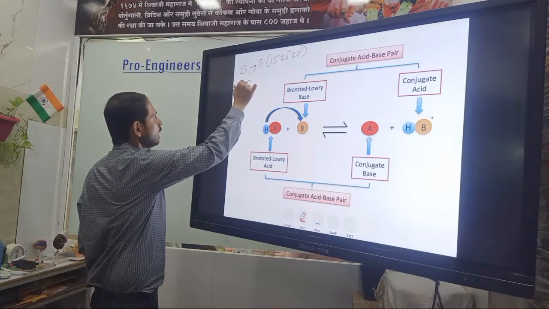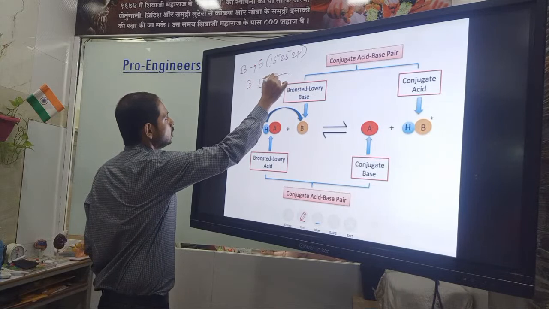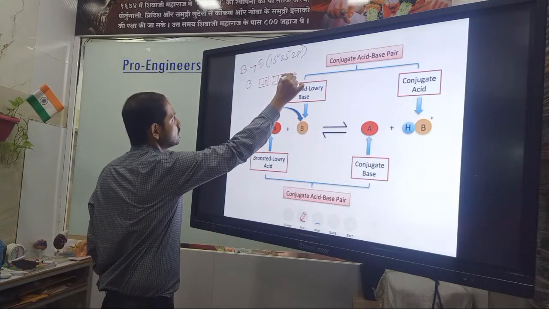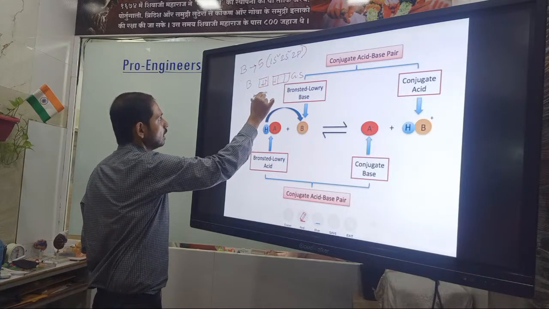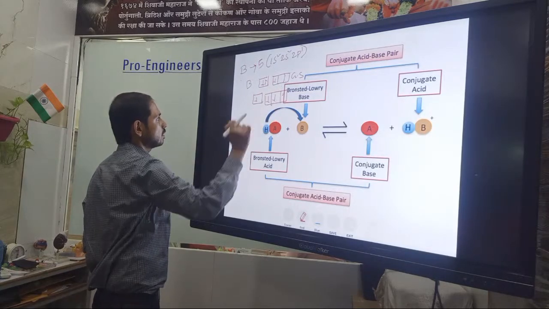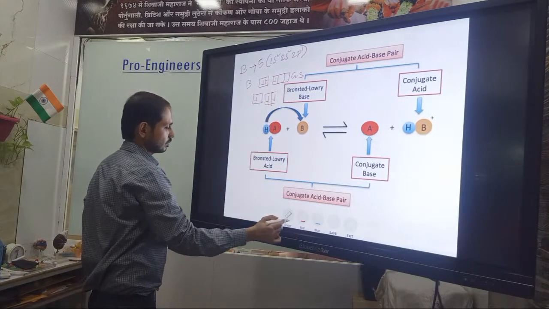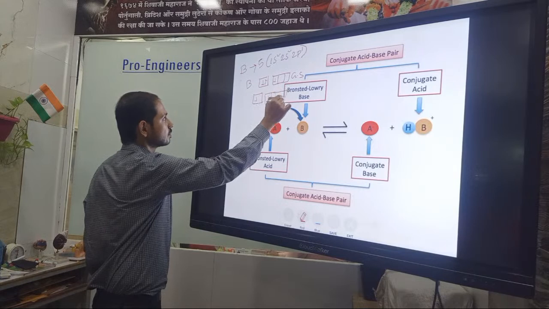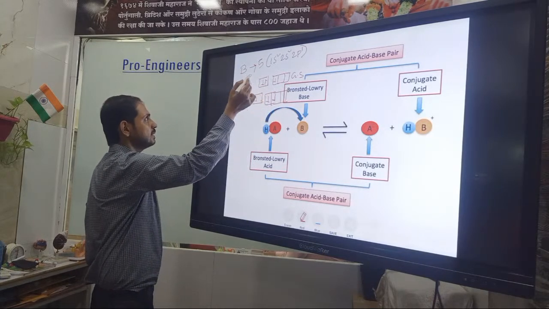So for boron, that is 2s2 and 2p1 in the ground state. Now if we bring it to the excited state, we can write it like this. Now for BCl3, what is the structure?